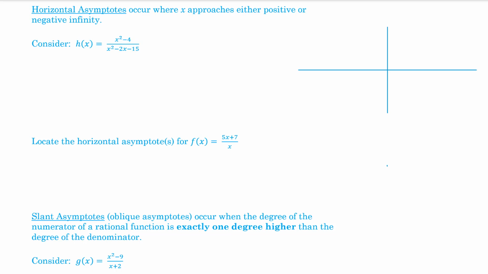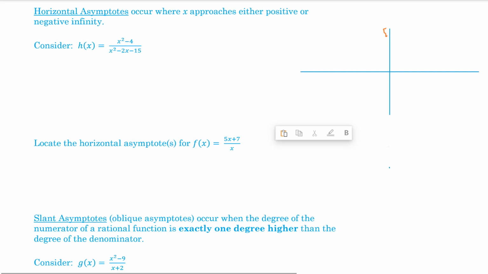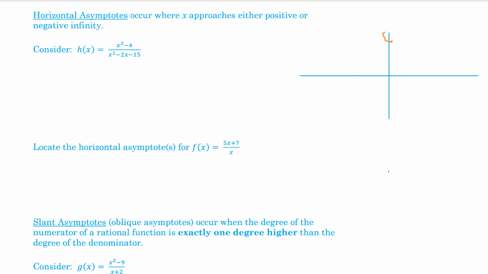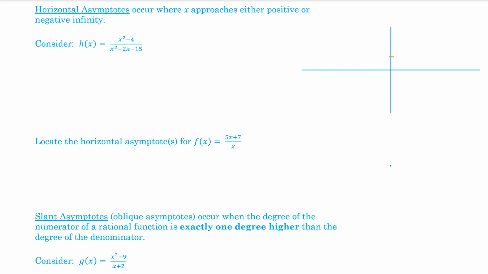So for example, if I have a graph and it is leveling out, I'm just going to put a 2 here, and it levels out over time at 2, you have here a horizontal asymptote at y equals 2. Okay, so you can have horizontal asymptotes like that.